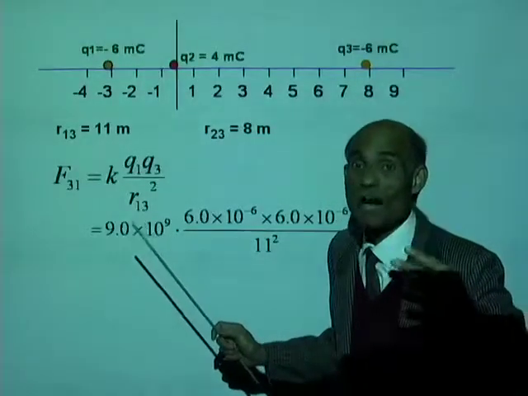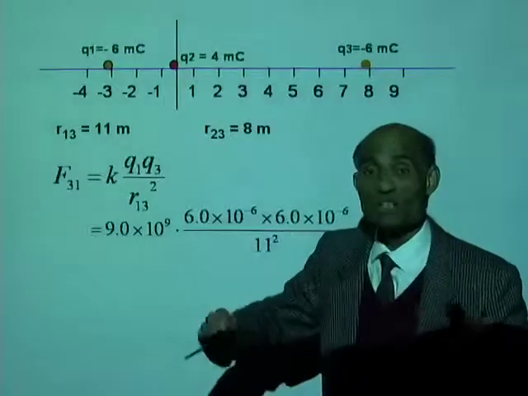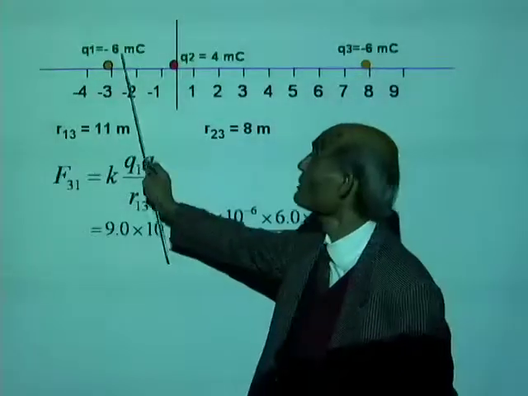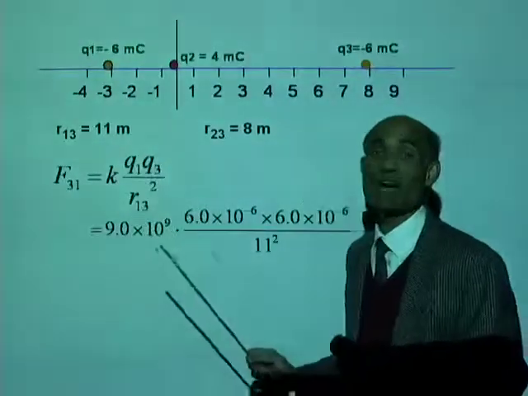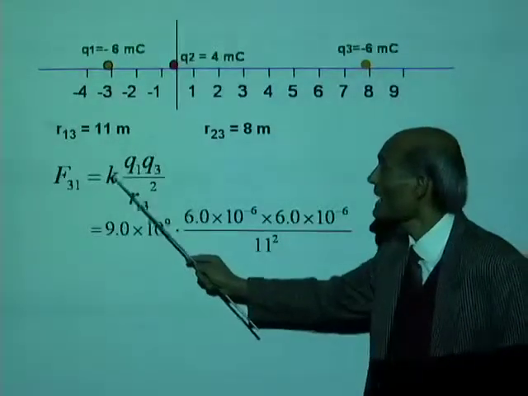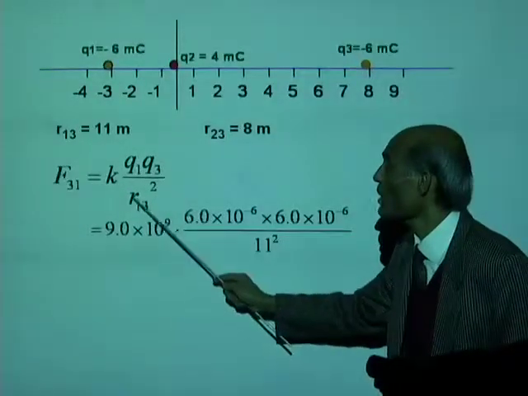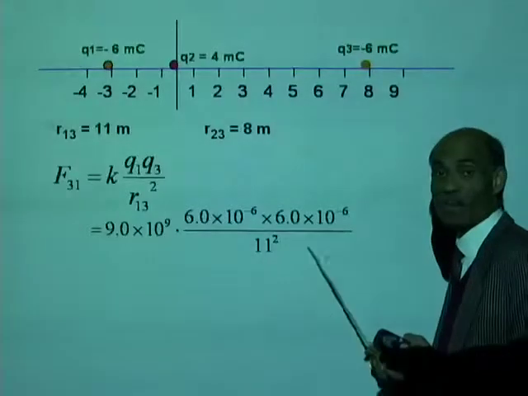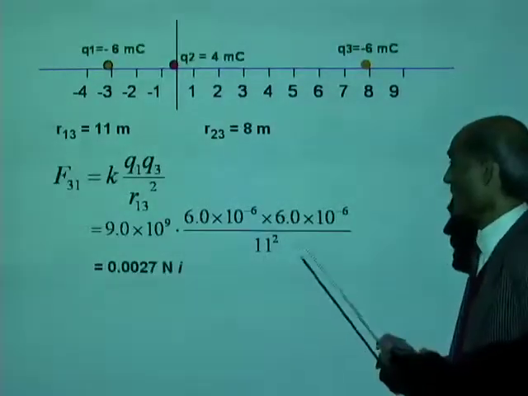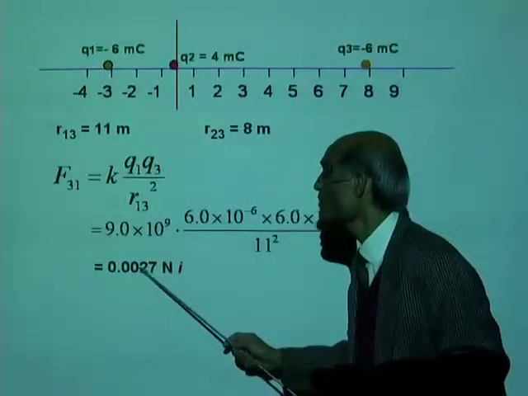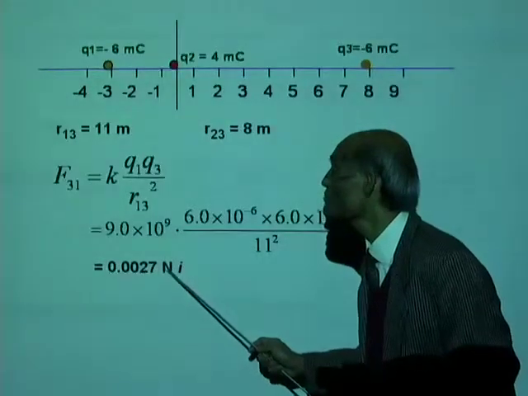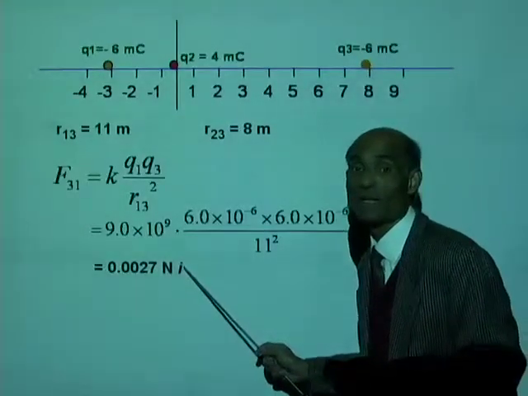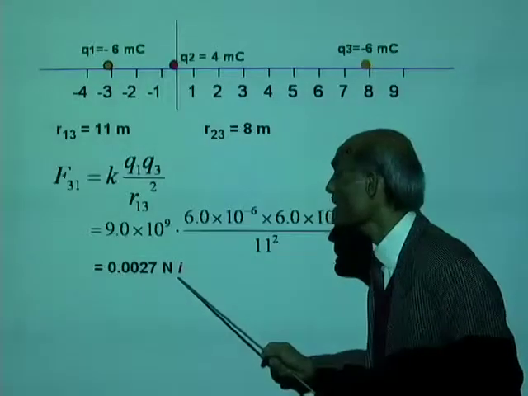We will obtain the direction by an entirely different method. So we will ignore the negative sign now. Therefore, K Q1 Q3 over R13 squared is 0.0027 Newton.